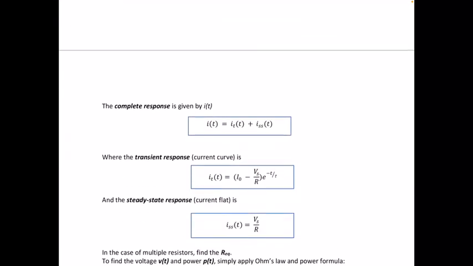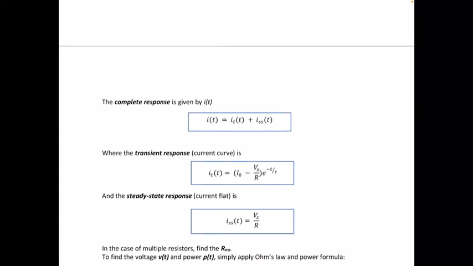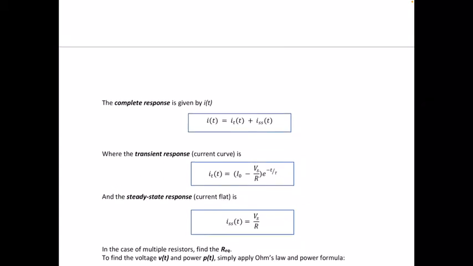The complete response is given by both. The derivation of this formula is highly similar to RC with a source and the source-free RL.